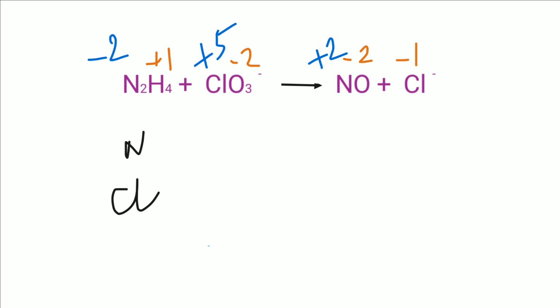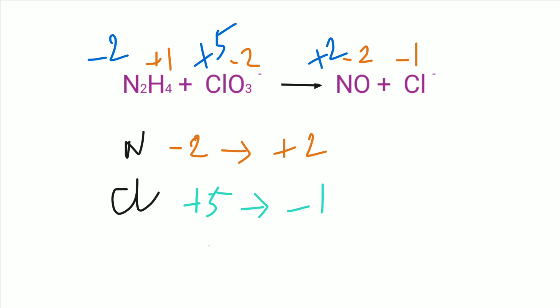Nitrogen's oxidation number changes from -2 to +2. Chlorine's oxidation number changes from +5 to -1.